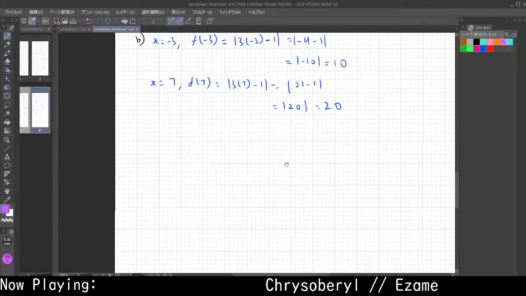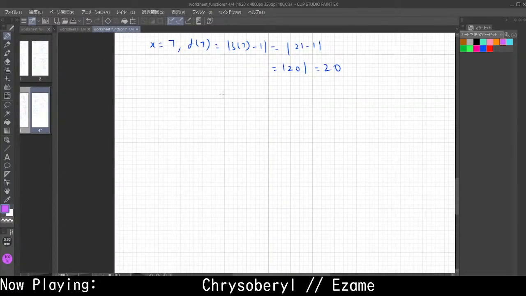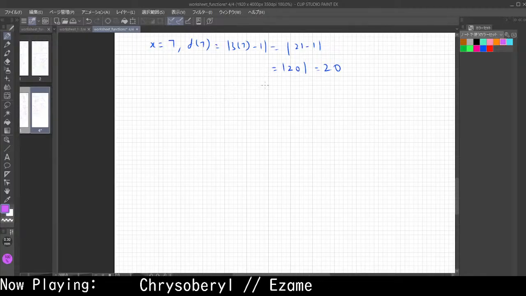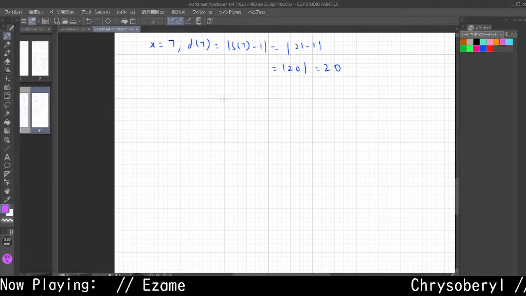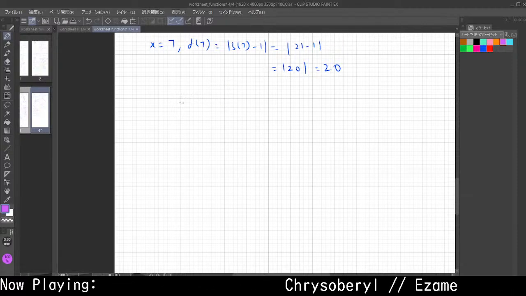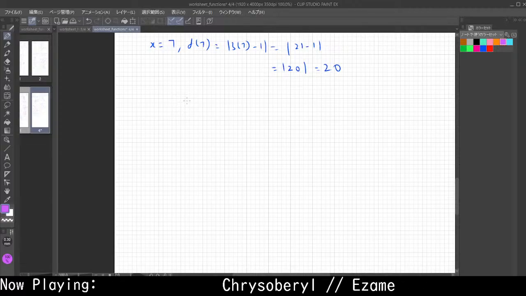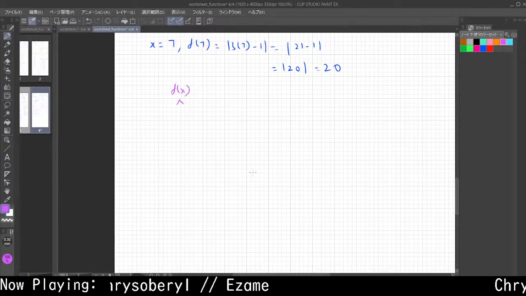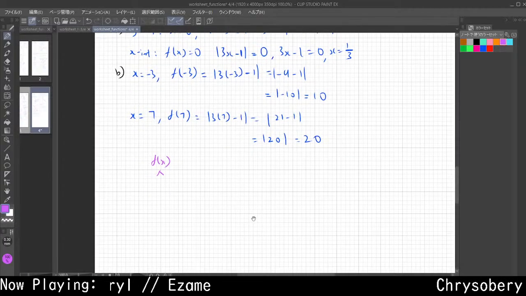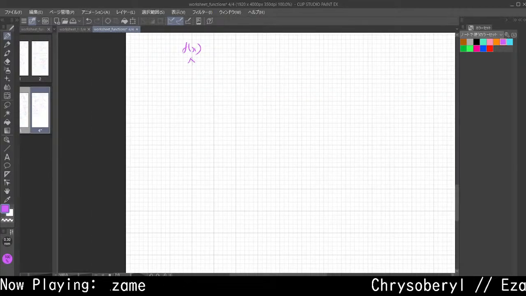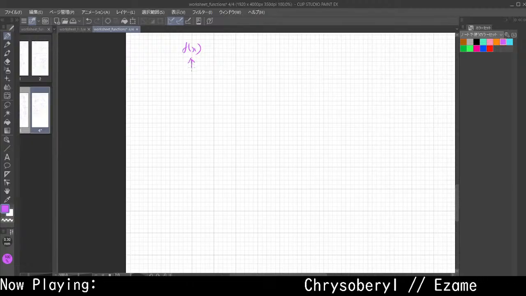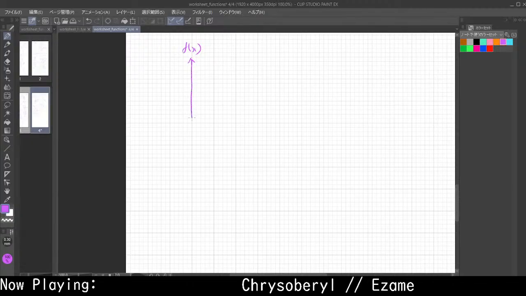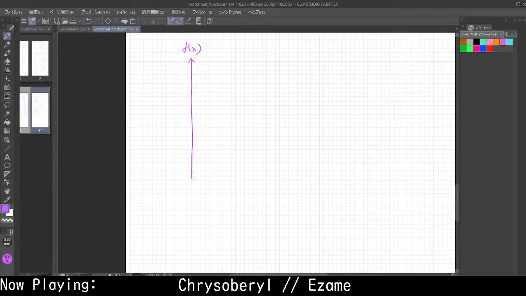Okay, so negative 3 to 7, I'll put it somewhere over here. Actually, maybe I can shrink it a little. This is your f(x), with 10 and 20.